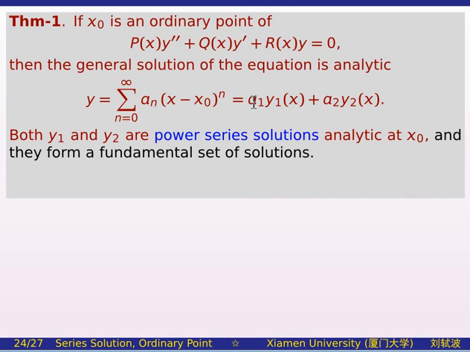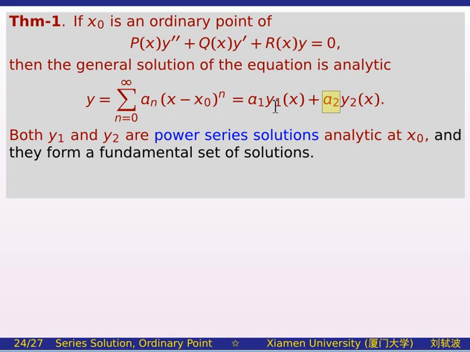Therefore, a1 and a2, maybe I will write here a0. Maybe that's okay. Our a1, maybe I will write c1 and c2. This a1 is not the first coefficient of this power series. These are another two misprints.